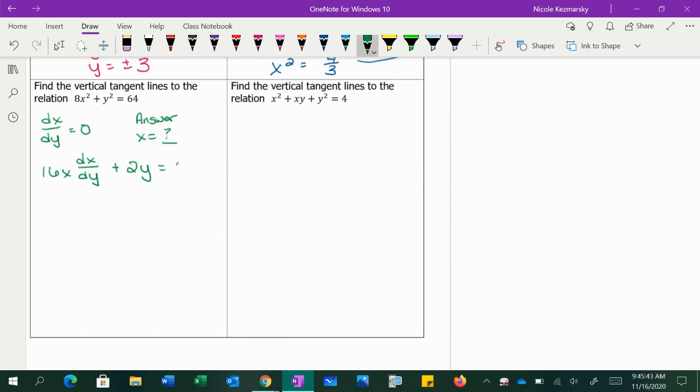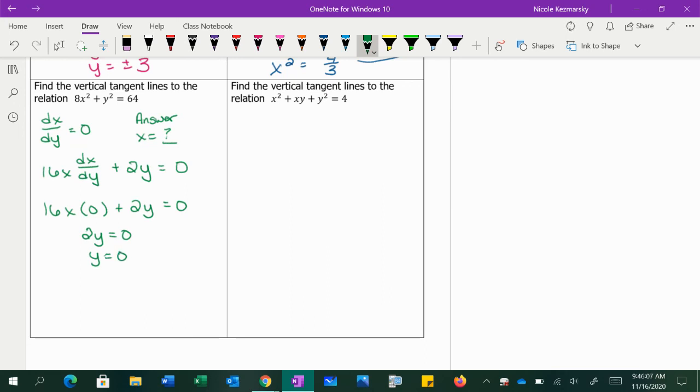And then the derivative of 64 is 0. So dx/dy is equal to 0. So we're going to say 16x times 0 plus 2y equals 0, which means 2y equals 0. So y equals 0.